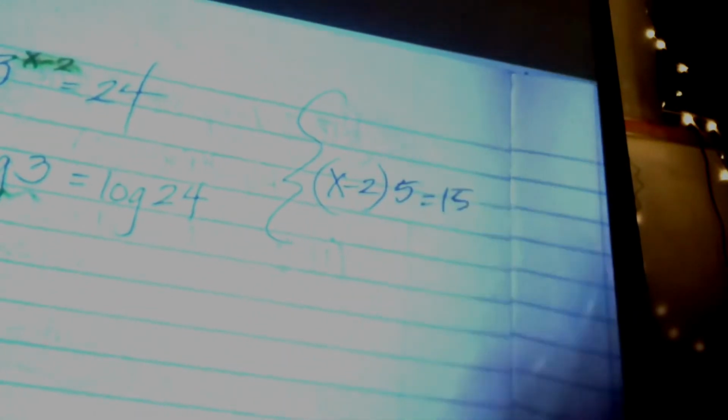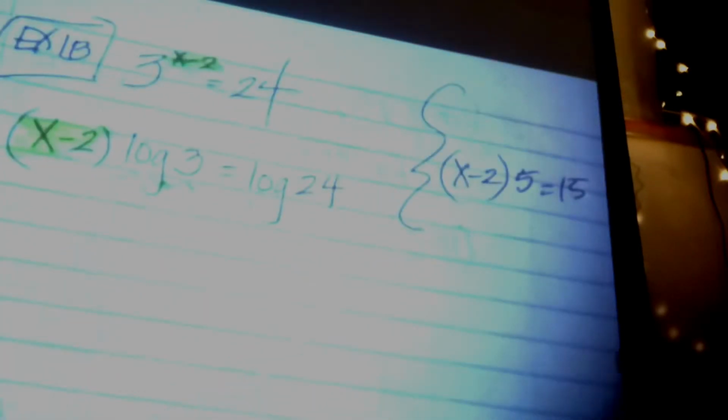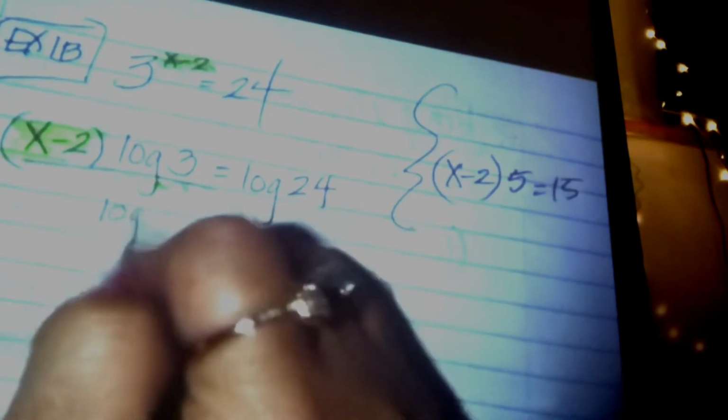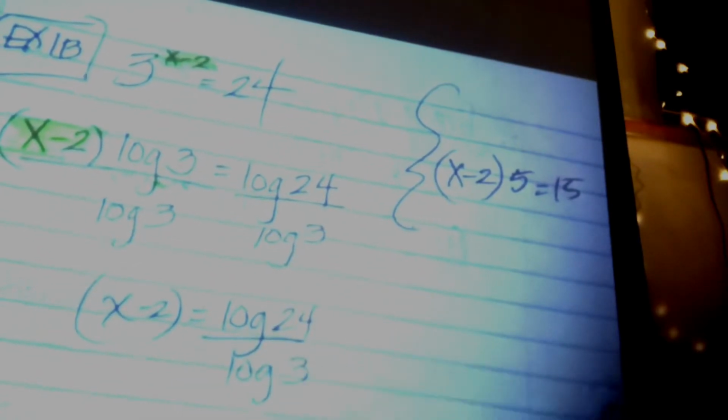So if I were to take you back to algebra 1 real quick, how would you solve x minus 2 times 5 equals 15? What do you do first? Divide by 5. So what are you going to divide by here? Yeah, you're going to divide both sides by log 3. And then you have x minus 2 equals log 24 over log 3.